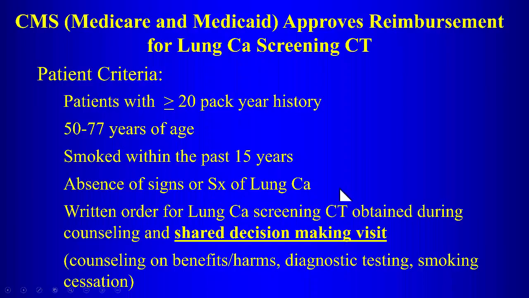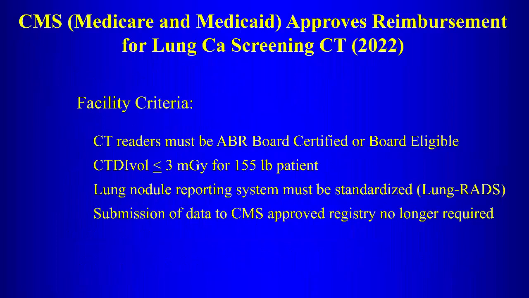The clinician has to document that the patient is asymptomatic for lung cancer at the time of screening. The written order for lung cancer screening must be obtained during counseling and shared decision-making, and that also has to be documented by the clinician. The clinician has to discuss counseling on benefits, harms, diagnostic testing, and smoking cessation with the individual before approving a lung cancer screening CT.